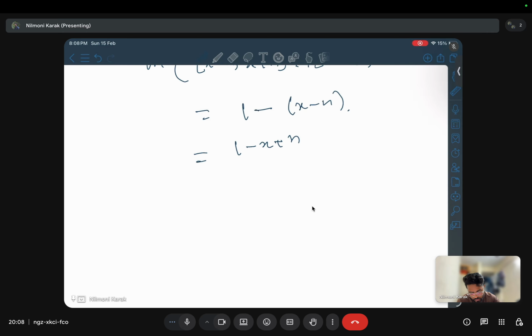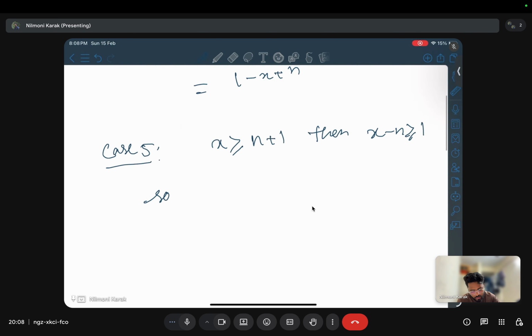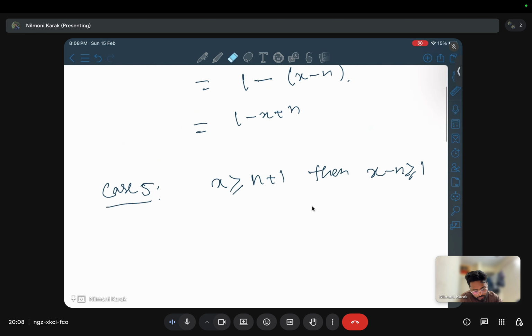And last, case 5: if x greater equals to n plus 1, then x minus n greater equals to 1. So here, x minus n greater equals to 1.